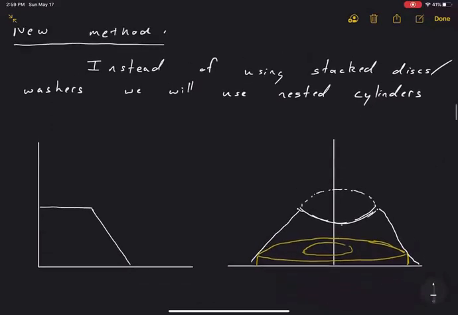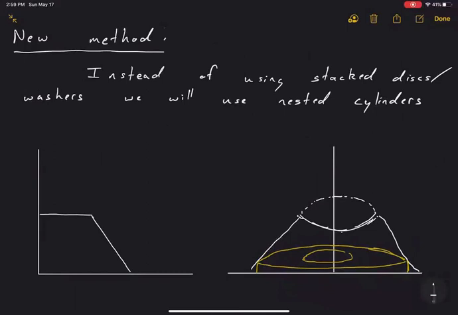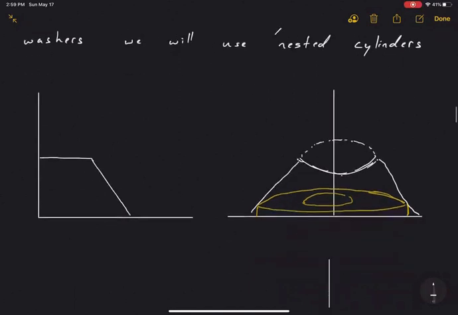So instead of doing stacked discs and washers, let's instead use nested cylinders, and I'll explain what I mean. We're starting with the same 2D object and we're rotating around that same y-axis. But now instead of solid discs stacked horizontally, let's draw just a single cylinder.